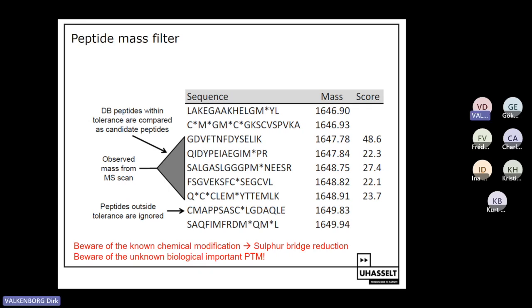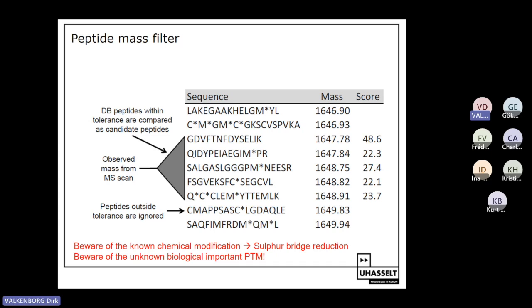Imagine that we have unknown biological modifications like phosphorylation. So a peptide might be phosphorylated or not. We call those modifications variable modifications, because we need to be open for both types, modified or not modified.